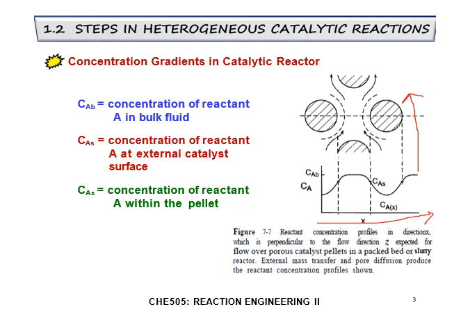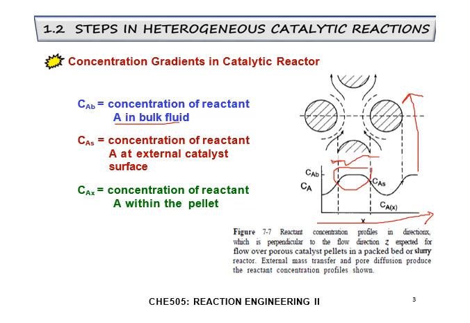I actually just want to show the terms of the concentration. So the high concentration here, we call it the concentration of reactant in the bulk fluid. Its short form is CAB, concentration of reactant A in the bulk fluid. So this area here is the bulk fluid.